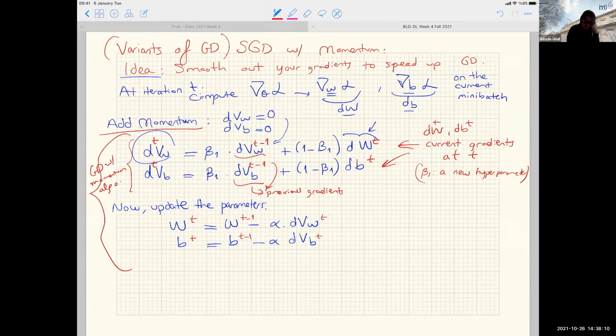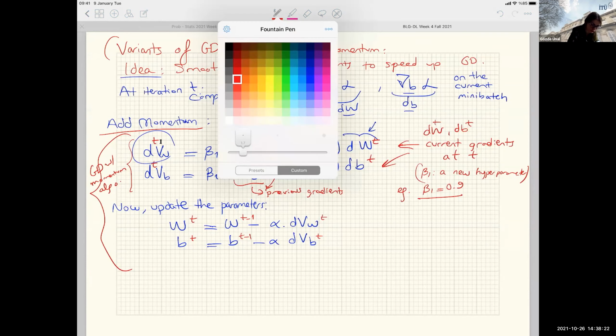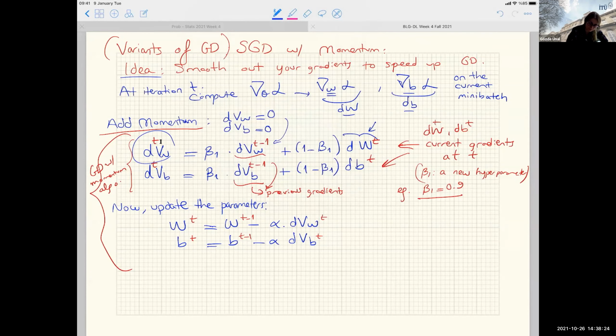For instance, a typical beta, let's say, is 0.9, though of course I can't say typical for your problem. By the way, I should also note a bias correction term is added here. Why?